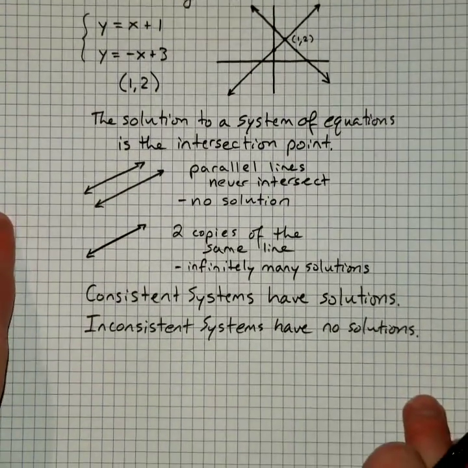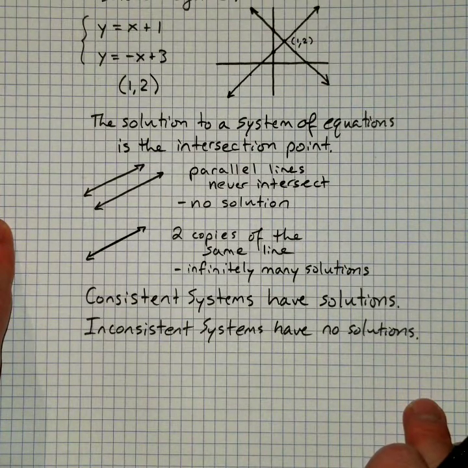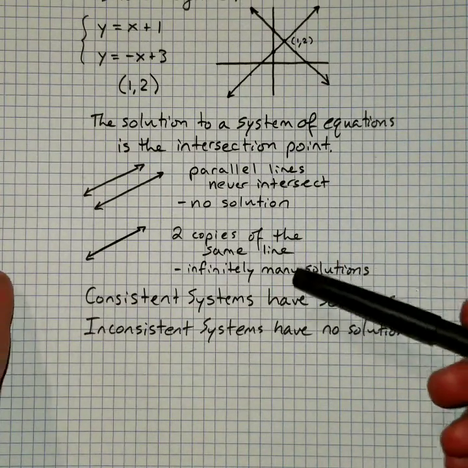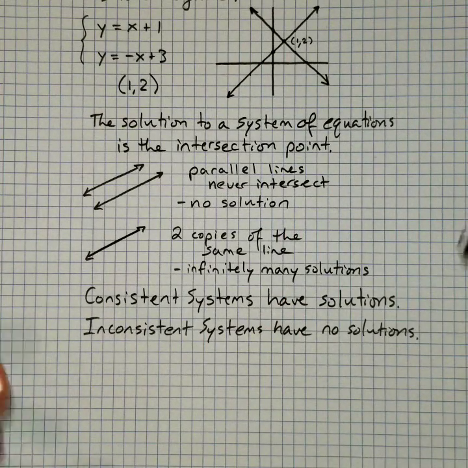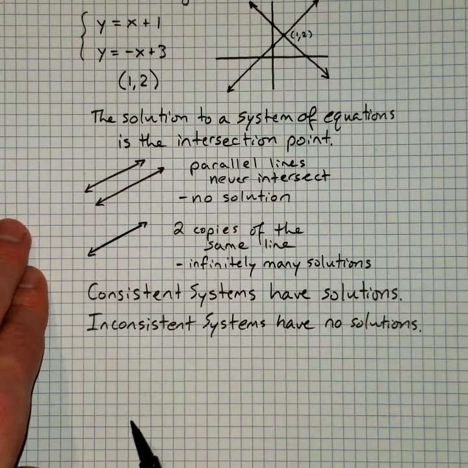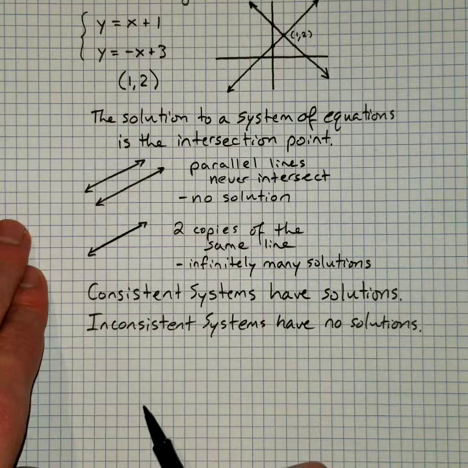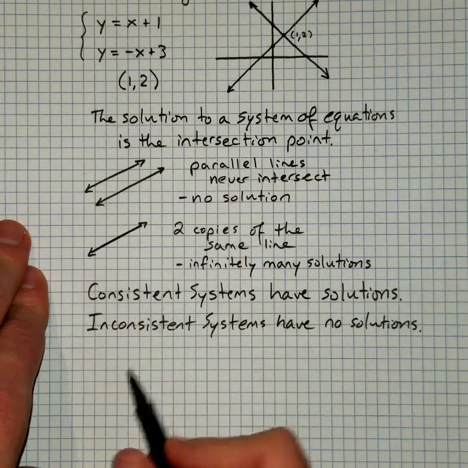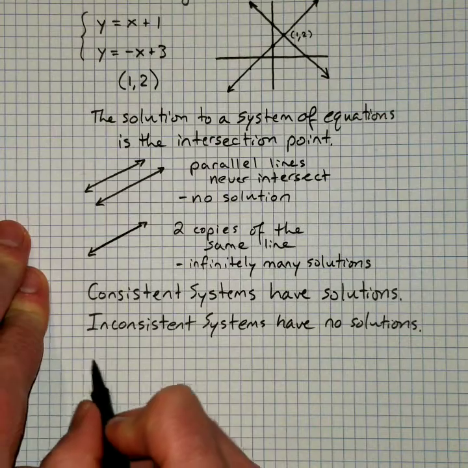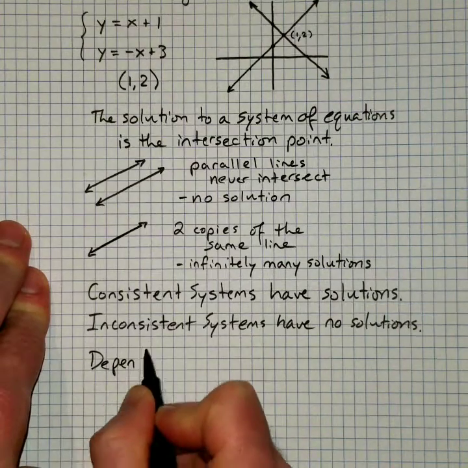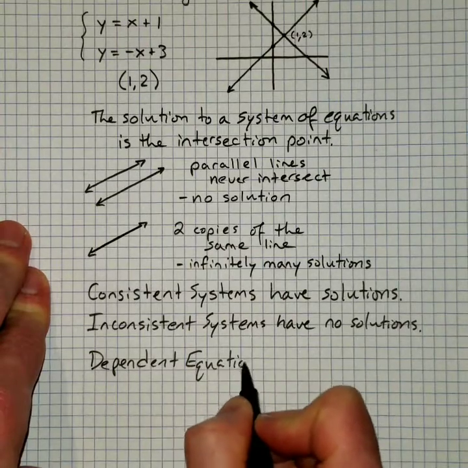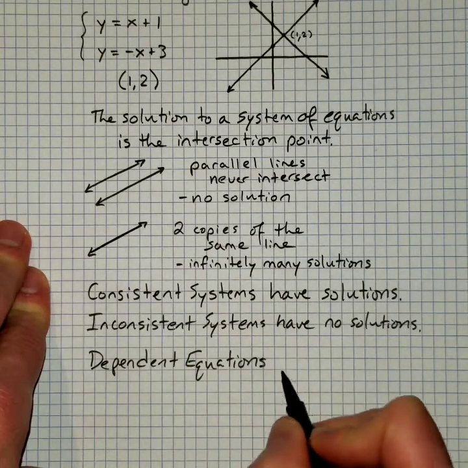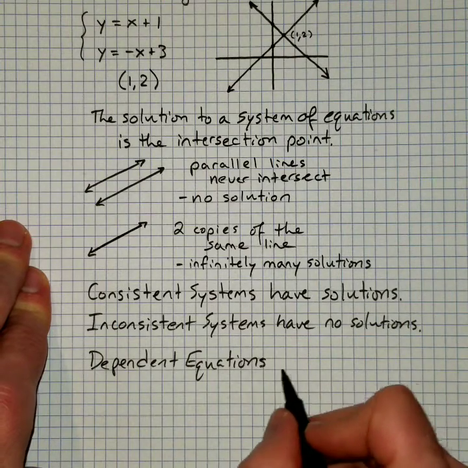Now, to distinguish between systems that have one solution or an infinite number of solutions, we have another set of words to define these. Basically, if you have two copies of the same line, we call those dependent equations. So dependent equations represent the same line.